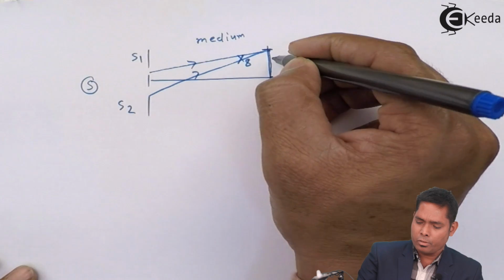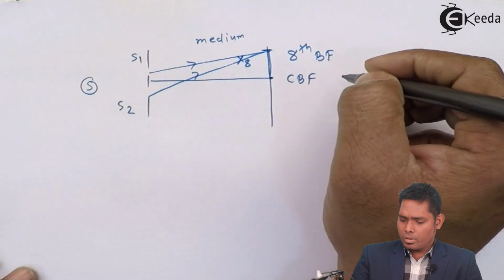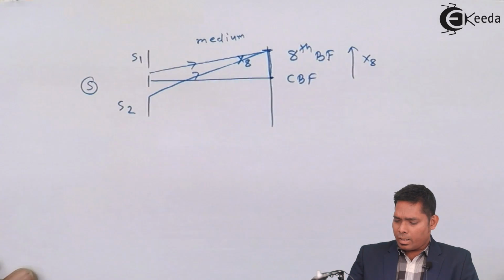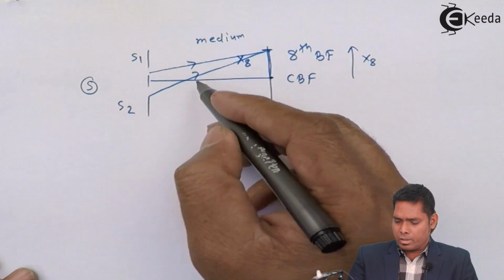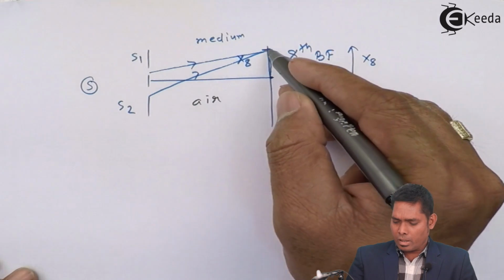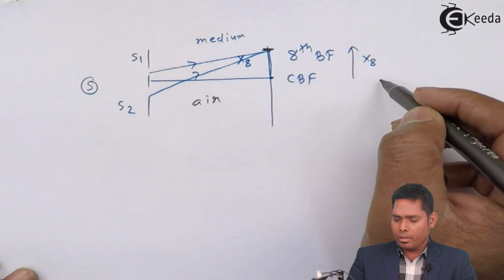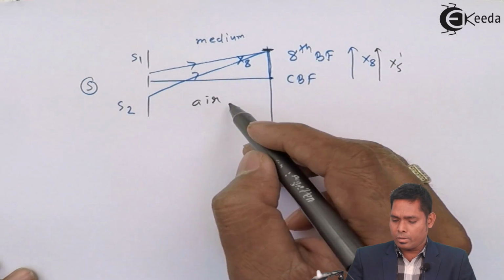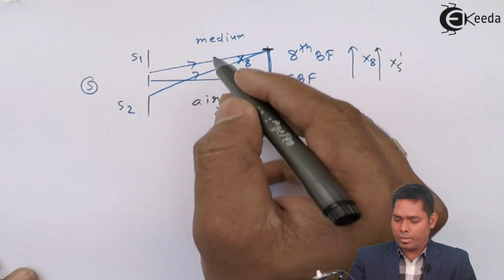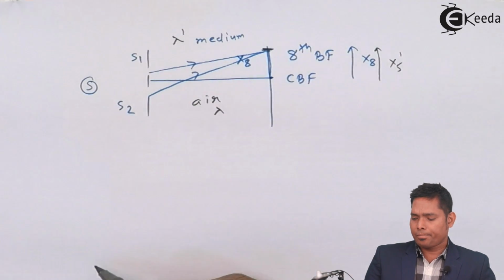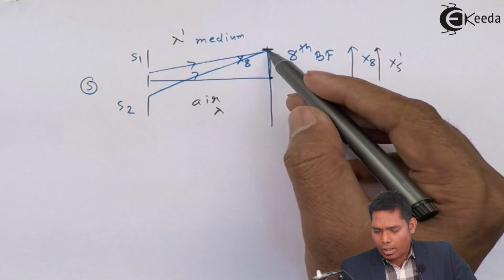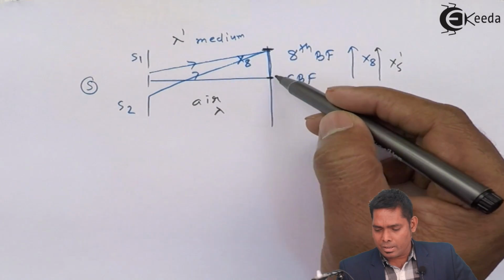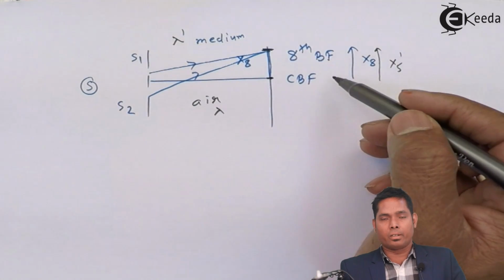This distance is x8. Now when this medium is removed and it is air, this same position is occupied by the 5th dark fringe, where the wavelength here is lambda and there the wavelength is lambda dash. Therefore we equate these two lengths, because at the same point from the center we are getting different bands.